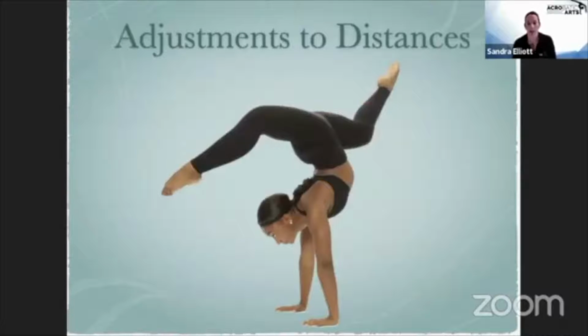So our adjustments to distances, we have made the decision to change our distances from imperial or feet into metric or meters. So the main place where this affects our skills is in the handstand walking skill. And that shows up in level 8, pre-pro 1, pre-pro 2, and pre-pro 3.